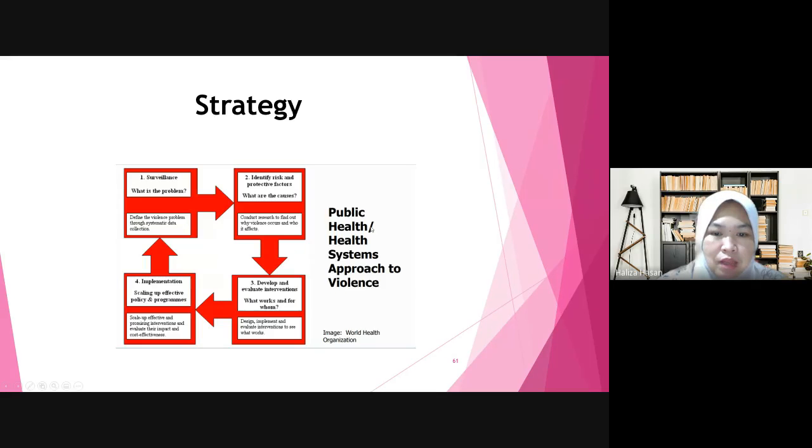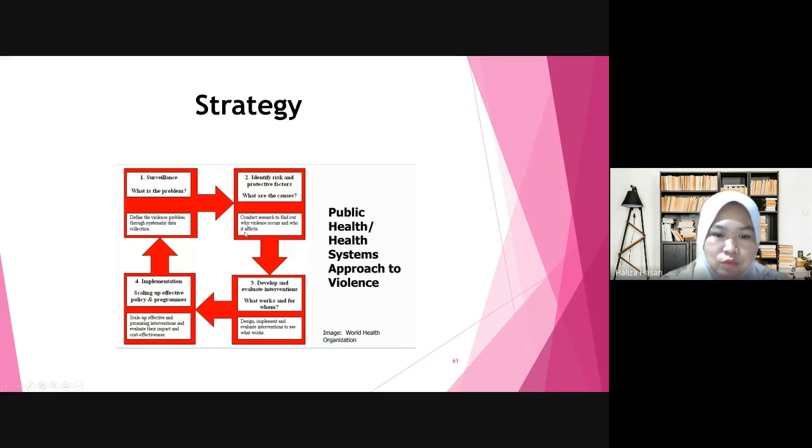Okay, public health or health system approach to violence. Surveillance: what is the problem? So define the violence problem through systematic data collection. We have to do surveillance to determine the prevalence of the problems. Second strategy is to identify risk and protective factors. So what are the causes?